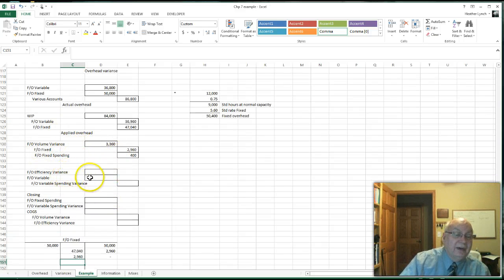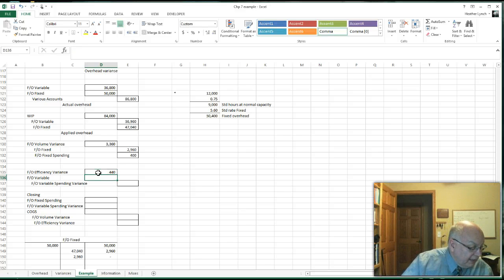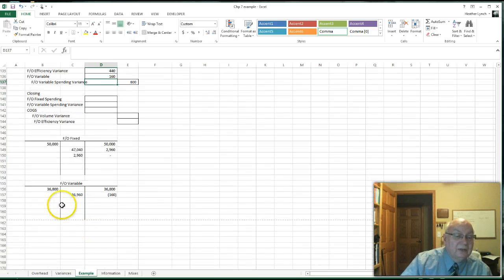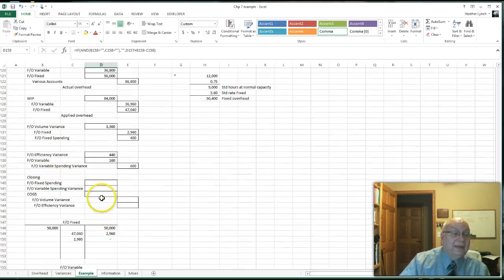For the variable variances, I have the efficiency variance, which was a debit for 440, and I have the variable spending, which was a credit for 600, and the difference then would be 160, and that's a debit to the factory overhead variable variance. So over here I put in 160, and you notice that zeroes that account out, so everybody is happy.